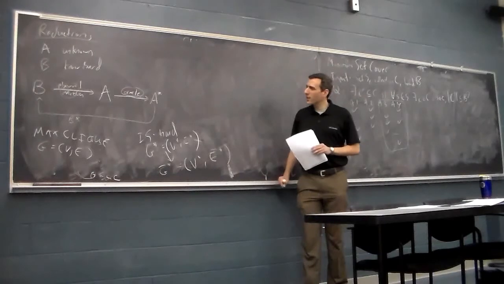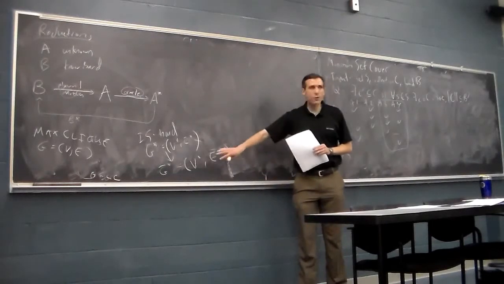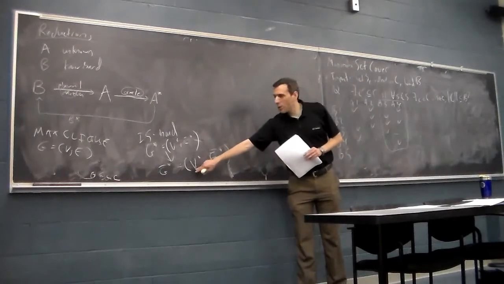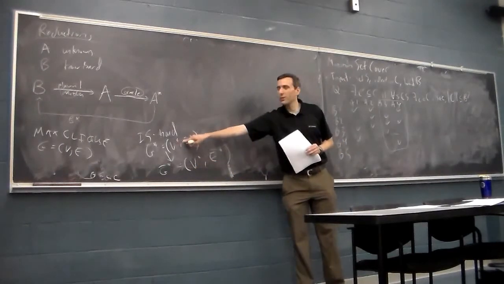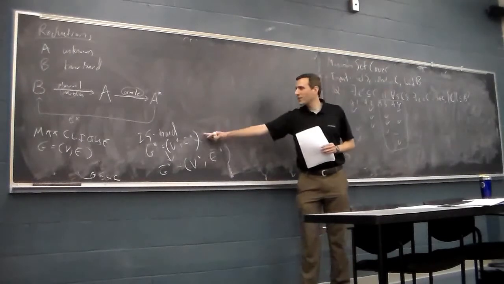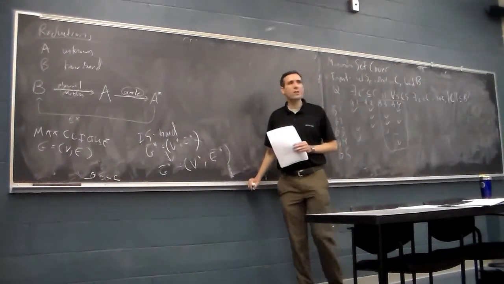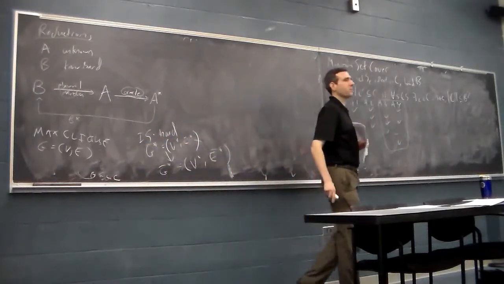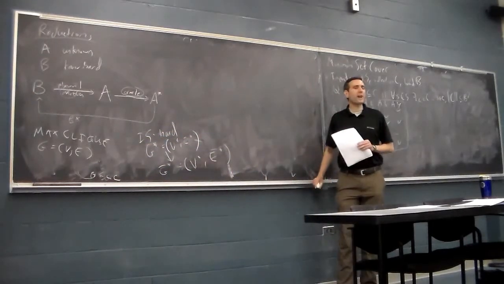So if max clique were not hard, then we could run our max clique algorithm on this transformed problem, and the answer it gives would be the solution to our original independent set problem. Since independent set is hard, we know that can't work, and that's telling us that there can't be an efficient algorithm to solve maximum clique. So that's a proof that maximum clique is a hard problem.